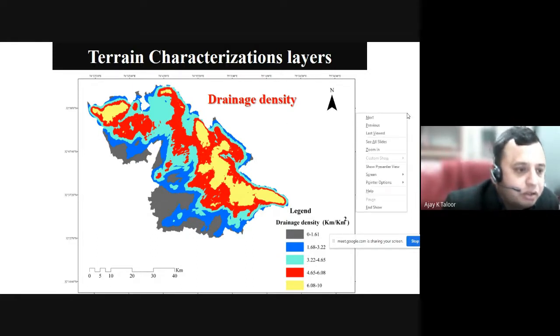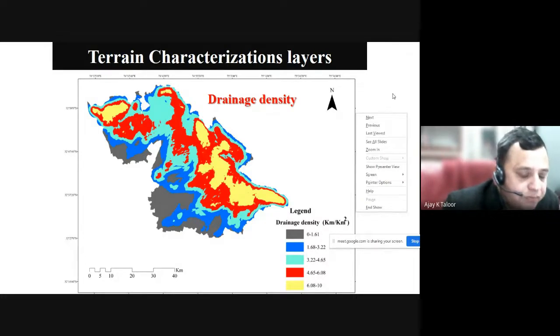Drainage density is an inverse function of permeability. The area where the drainage density is very high, the permeability is very low and the infiltration is very low. The infiltration rate is high in the area where the drainage density is very low.